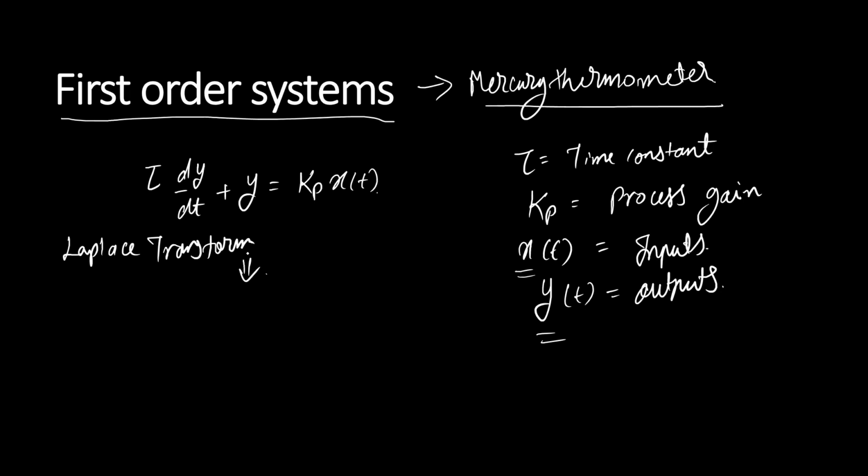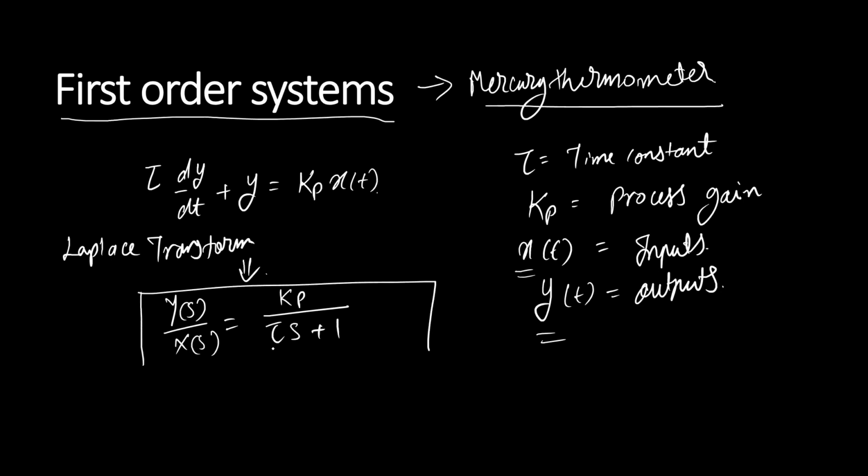That will give us the transfer function, Y(s) upon X(s). For a first order system we can remember the form as Kp upon tau s plus 1. This is the general form of the transfer function of a first order system, and we denote it as capital G of s. All these parameters are in the s domain.